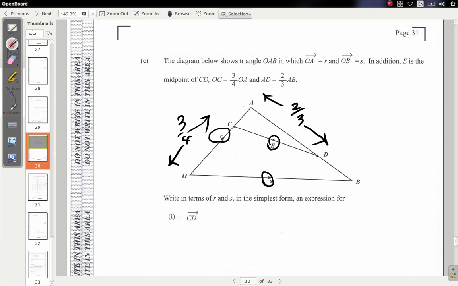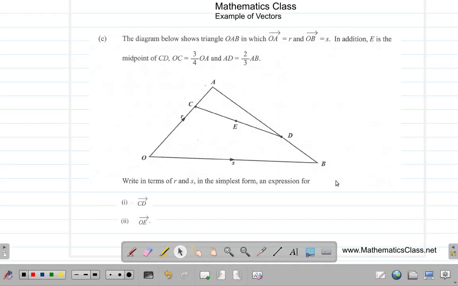Let us go over to this screen. Here, we want CD. What is CD? Now CD is this line, that vector there. Here, you must remember your triangle of vectors.